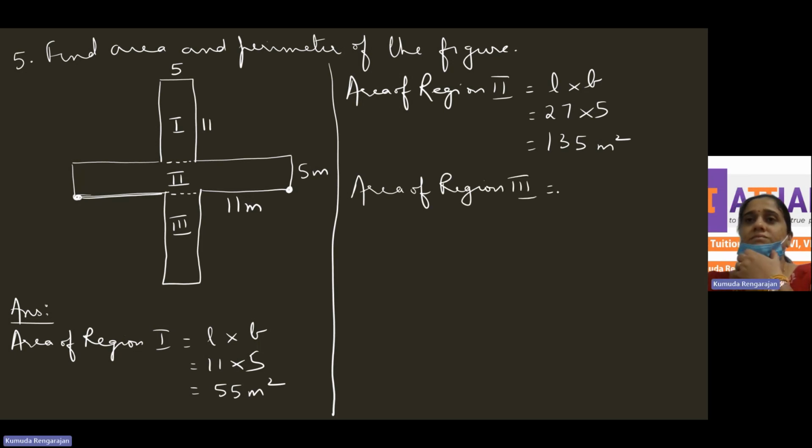What's area of region 3? You're not answering anything, Santosh. What's the length, Santosh, for region 3? For region 3, length is 11 meters and width is 5 meters.